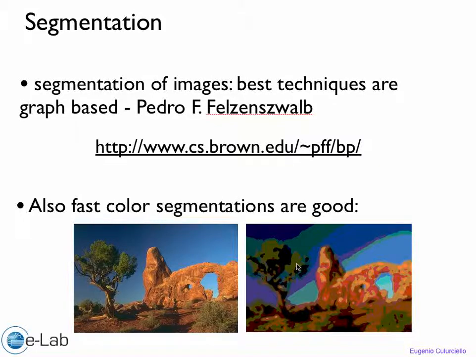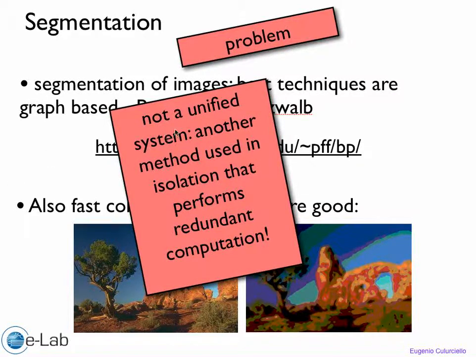But really the problem is that you can't really segment things if you don't have information about the object as a whole. That makes me really think that the best segmenting tool is most probably a convolutional network. The problem is that this is not a unified method. It looks at things in isolation and may also perform a lot of redundant computation in the first layer.